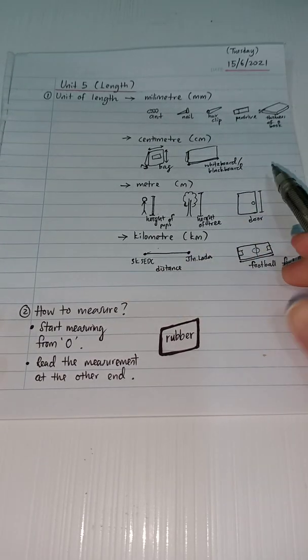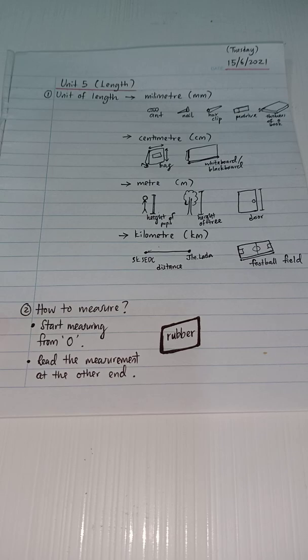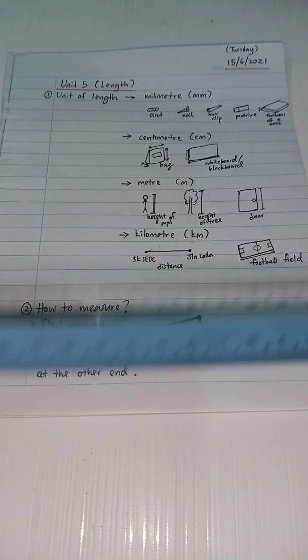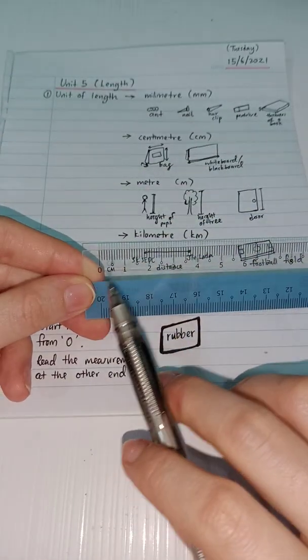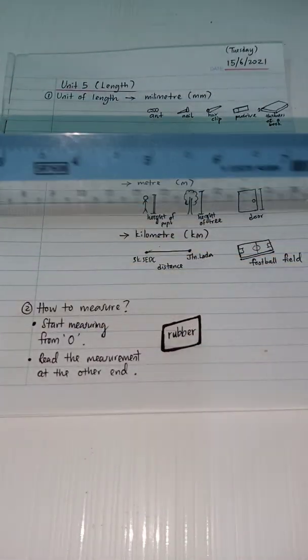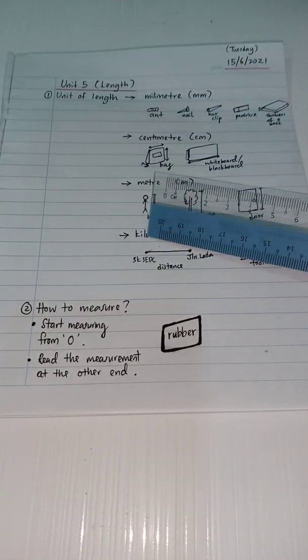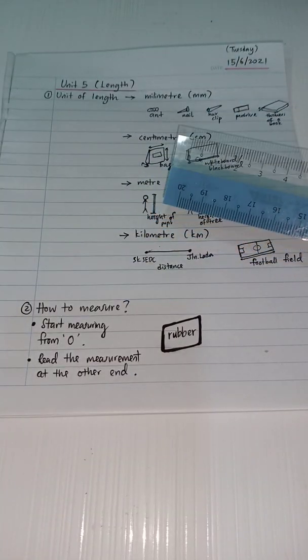How to measure? To measure an object, normally you need a ruler, and you must check the unit. This one is cm. In your textbook, it highlights how to measure the length of an object in millimeter.